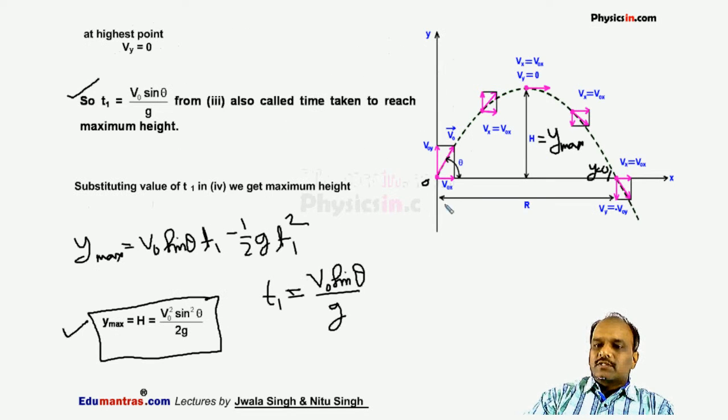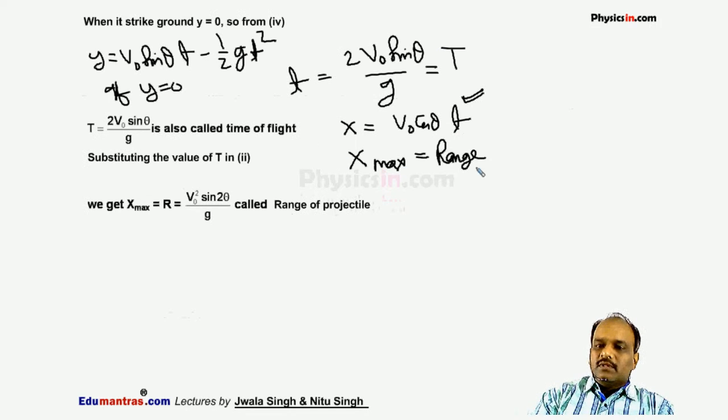This distance is called range. If I substitute the value of time in this expression, it will give me the range, which is equal to v naught square sine 2 theta by g. This is the range of the projectile.